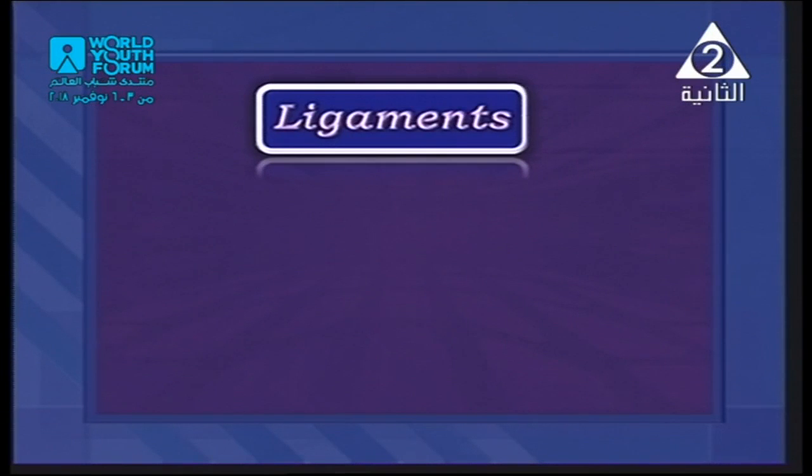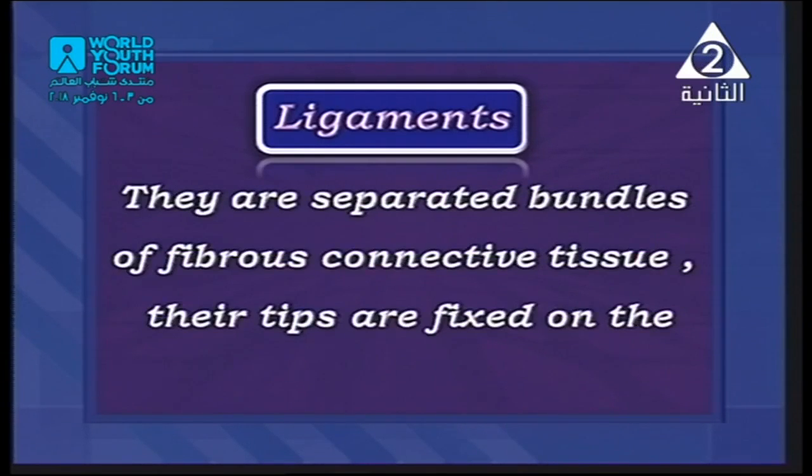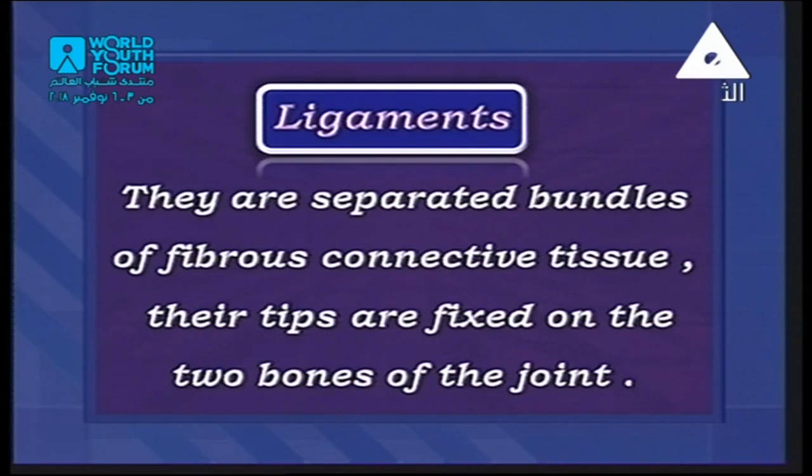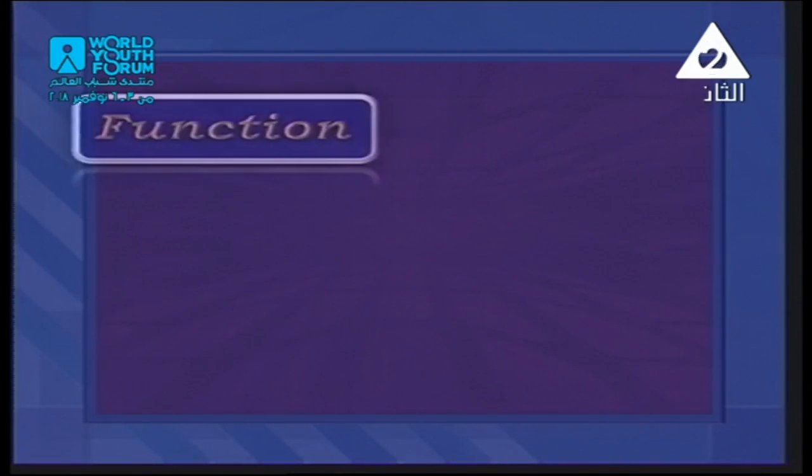Ligaments. As we finish the joints, we are going to start with ligaments. What are they? They are separate bundles of fibers from connective tissue. Their tips are fixed on the two bones of the joint. What is the function of the ligament?